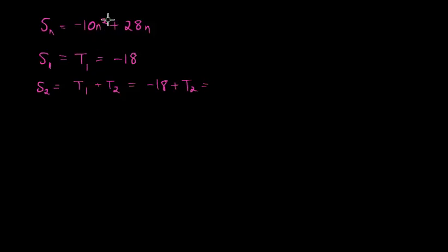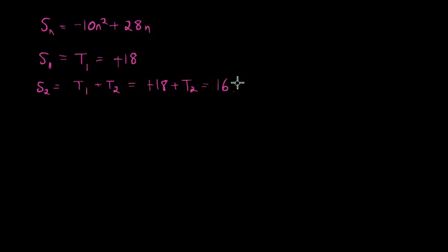2 squared is 4. 4 times 10 is 40, so negative 40 plus 28 times 2. So 28 times 2 is 56 minus 40, that's positive 16. Cool.